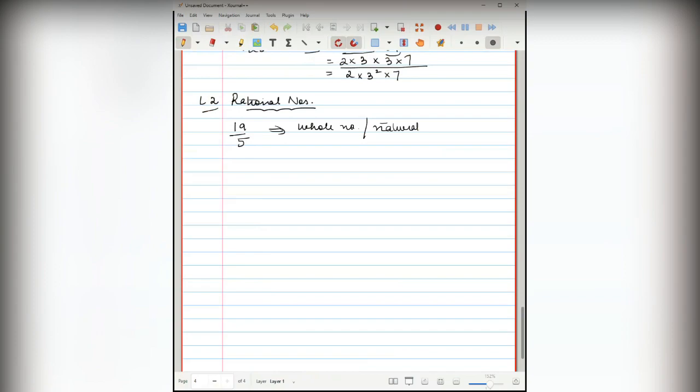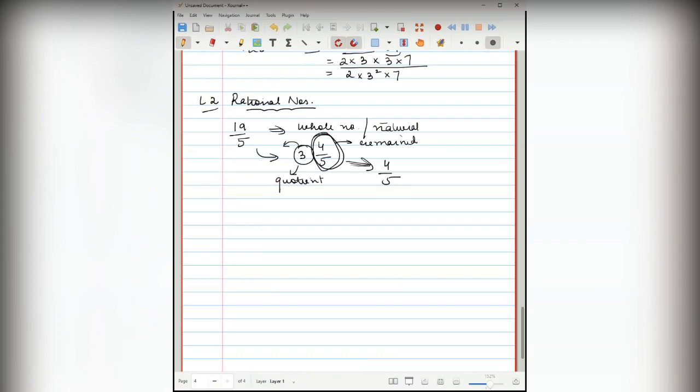If you know some basic maths, you will know that we can write 19/5 as 3 and 4 by 5, where 3 is the quotient and 4 is the remainder. So this is what you can write it as. Now the problem is I can say that 3 is a natural number or integer, but how to write this 4 by 5?